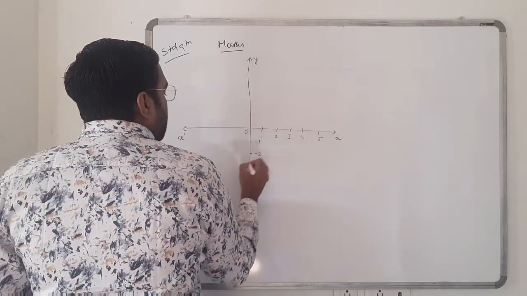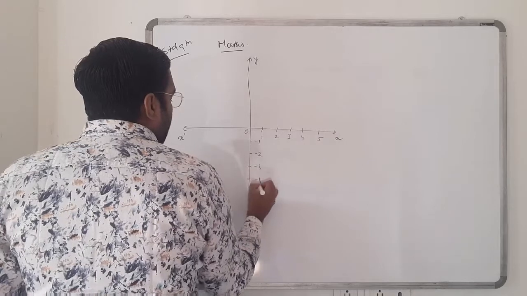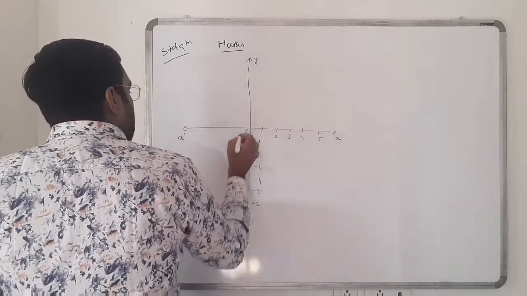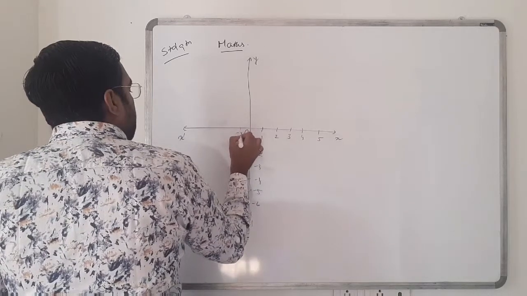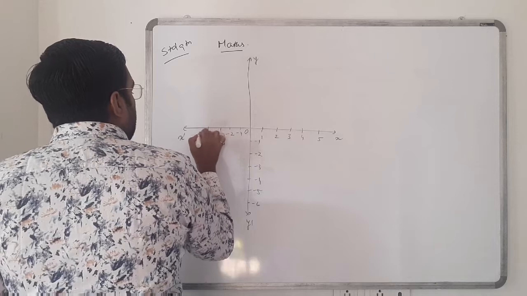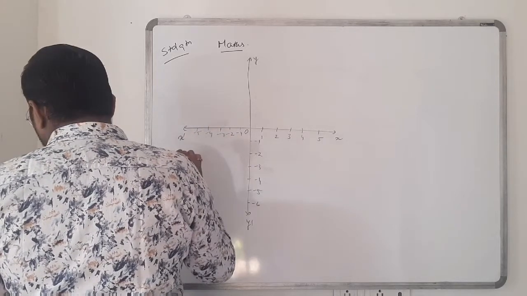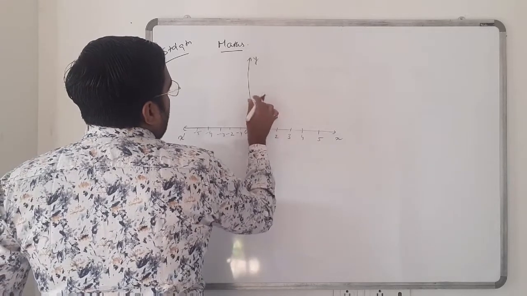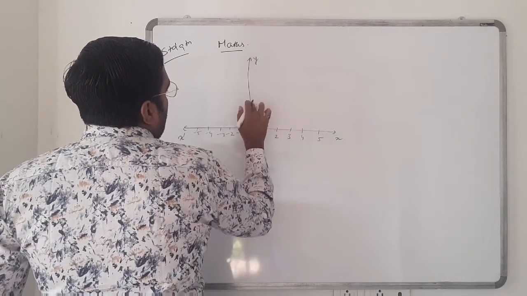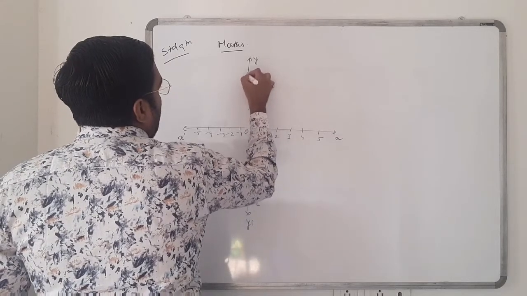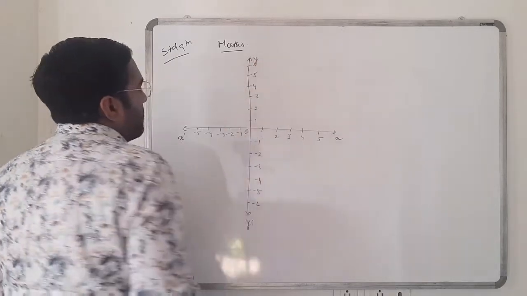Minus 1, minus 2, minus 3, minus 4, minus 5, minus 6, minus 1, minus 2, minus 3, minus 4, minus 5, and 1, 2, 3, 4, 5 and 6.